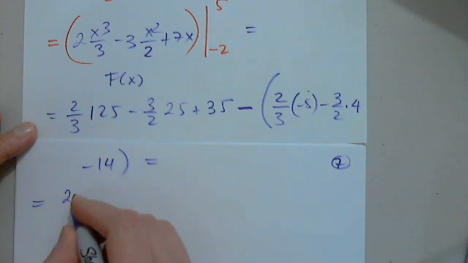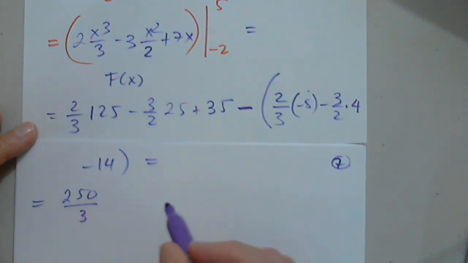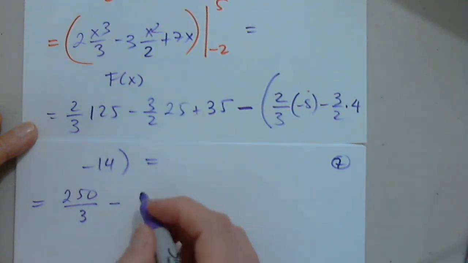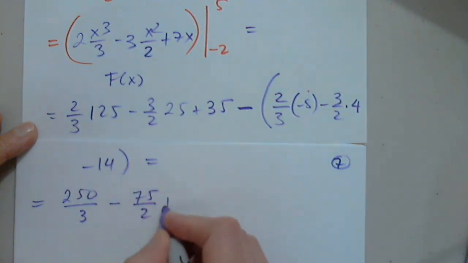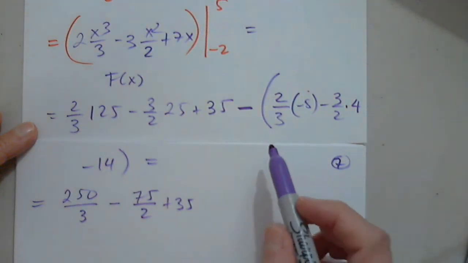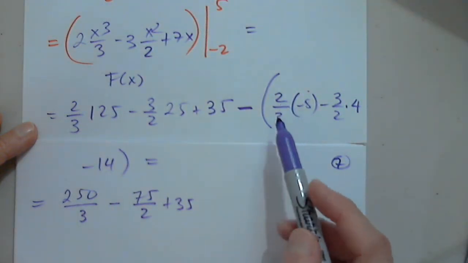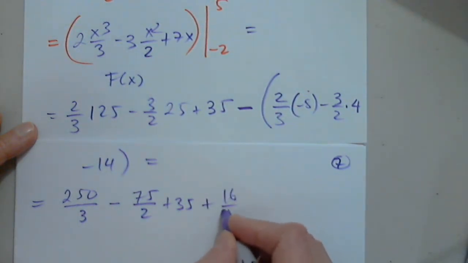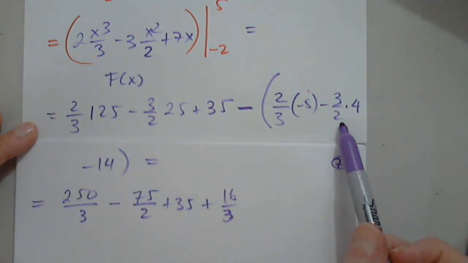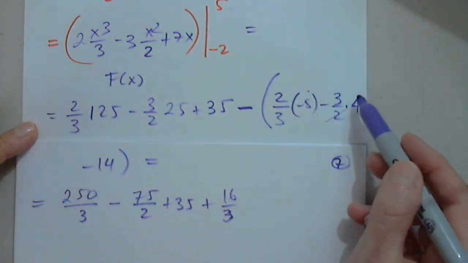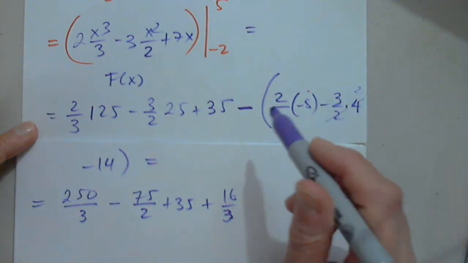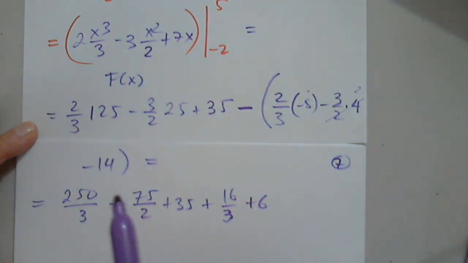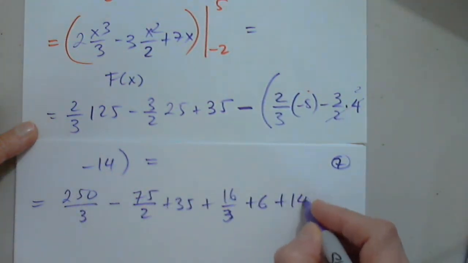So I'm going to say 250 here over 3 and minus 75 over 2. Keep an eye on my numbers, please. This is a negative 16 over 3, so positive 16 over 3. This is minus 6, but positive 6, and minus 14, positive 14.